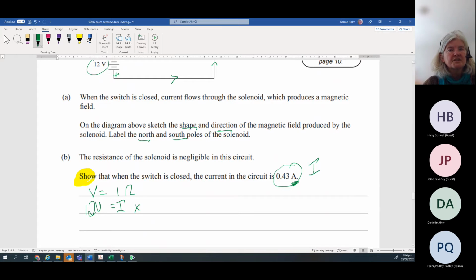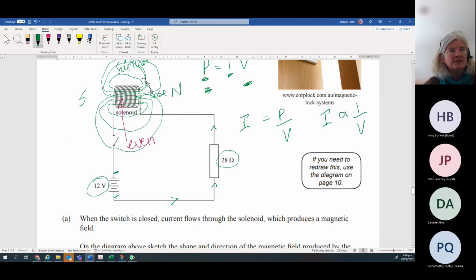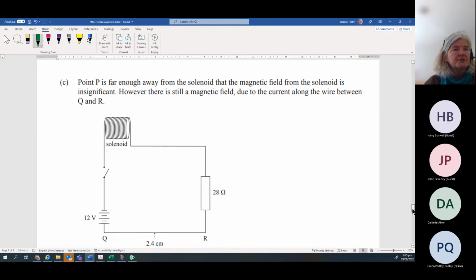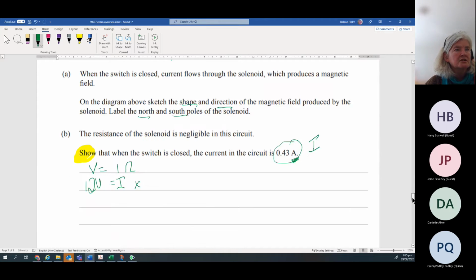Now, because this is straightforward wire, we simply assume that the wire does not have any resistance. I mean, in practice it does, but we just simply say, relatively to the rest, it's not much. So our resistance here is the 28 ohm. So we just calculate the 28 ohm.